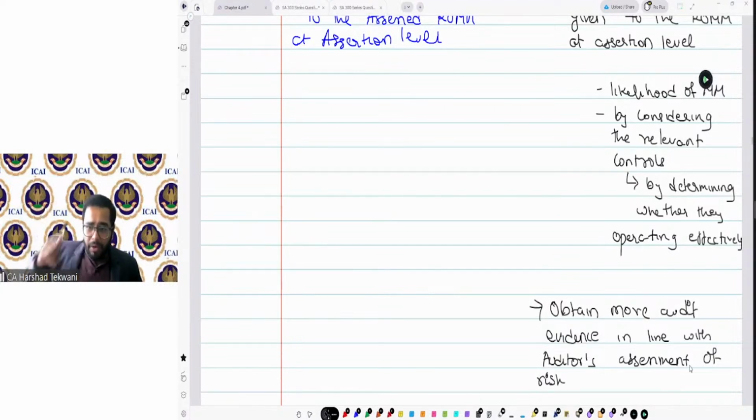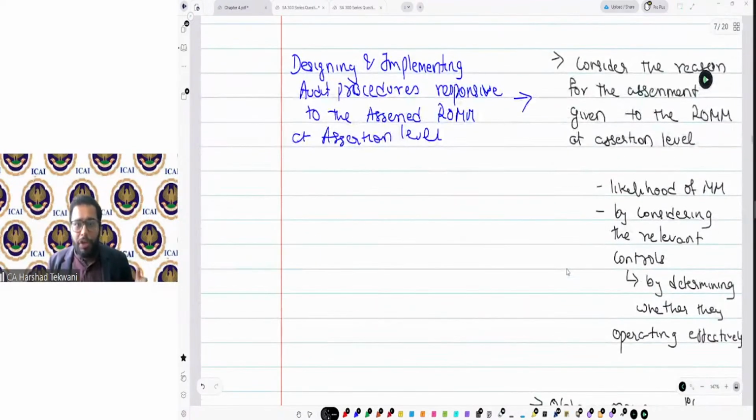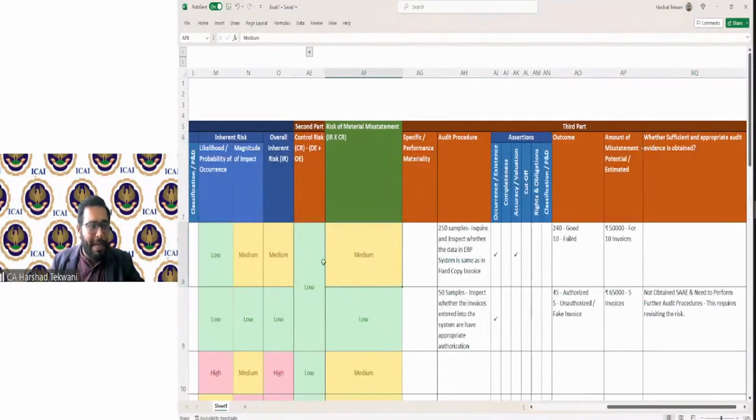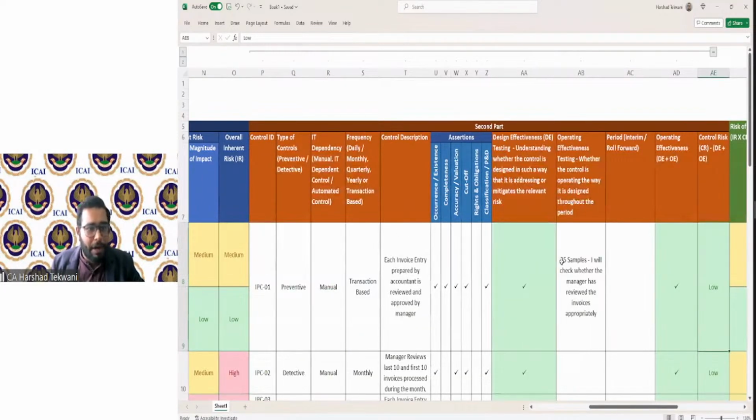If you have a high risk, you need high evidence. If you have a low risk, you might need a lower level of evidence. And for that, you need to consider the reason for the assessment, like why it is medium or why it is low. We are considering the reason, and then we are also understanding the operating effectiveness of the control. Only then are we considering the control risk.